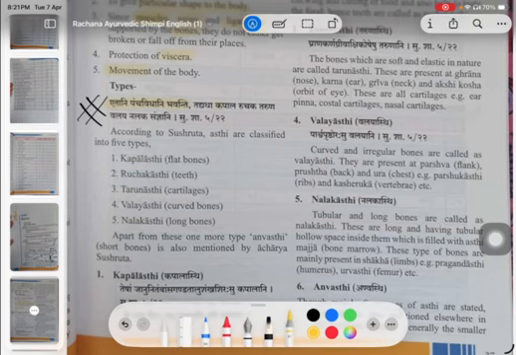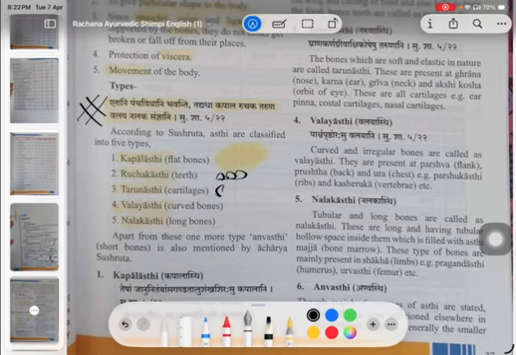Tadyatha Kapal, Ruchak, Tarun, Valay, Nalak, Sangyani. What are their sangyas? What are their names? Kapalasthi, Ruchakasthi, Tarunasthi, Valayasthi, and Nalakasthi. Now let us know more about them. The Kapalasthi are all the flat bones. Then the Ruchakasthi are the teeth.